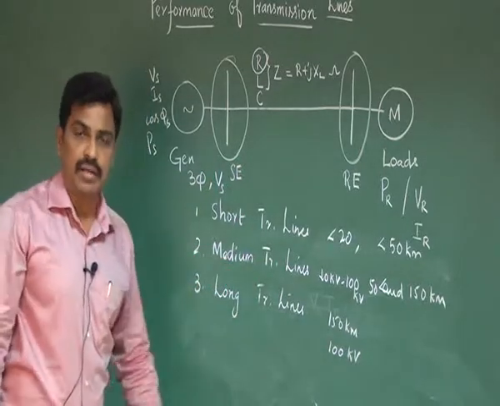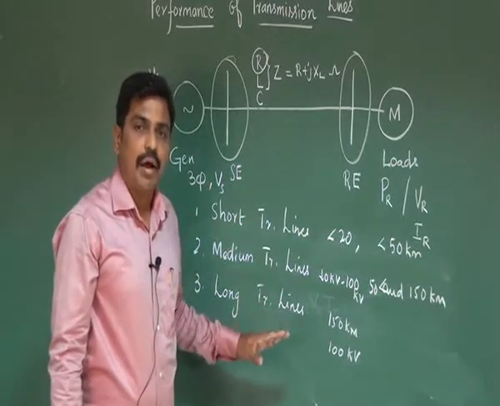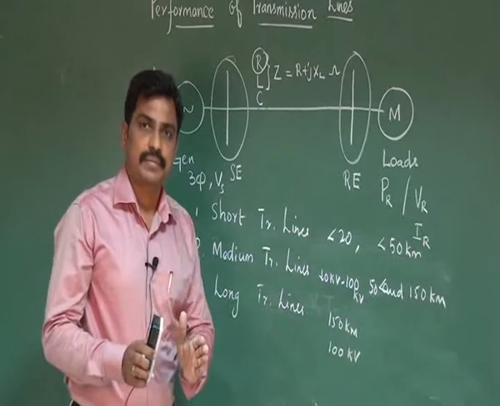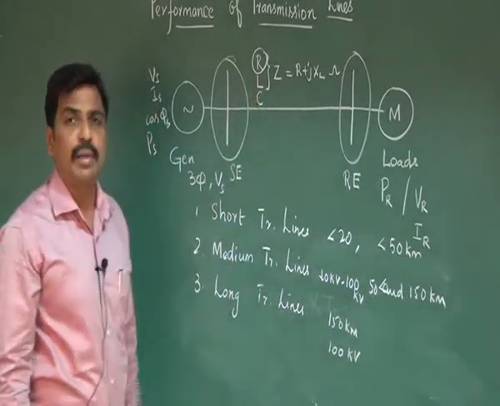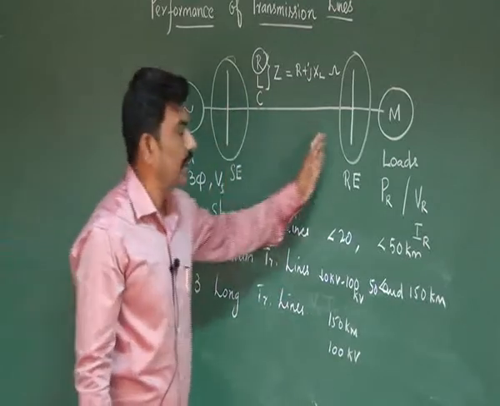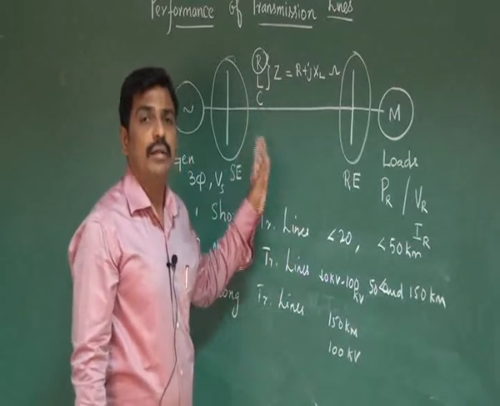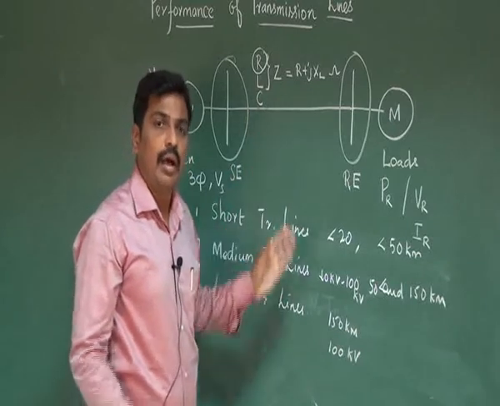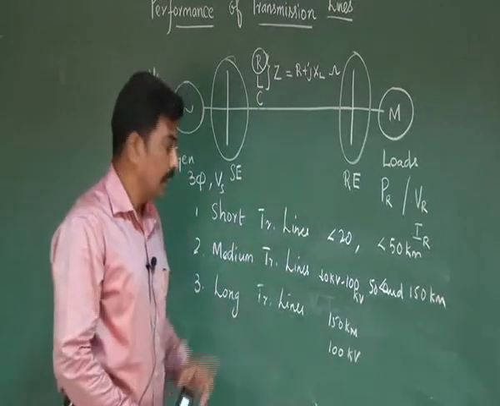But for long transmission lines, we should consider all the parameters as such. Actually, these parameters are uniformly distributed all over the length of transmission line. R, L and C, all these parameters are available and uniformly distributed all over the length of transmission line.